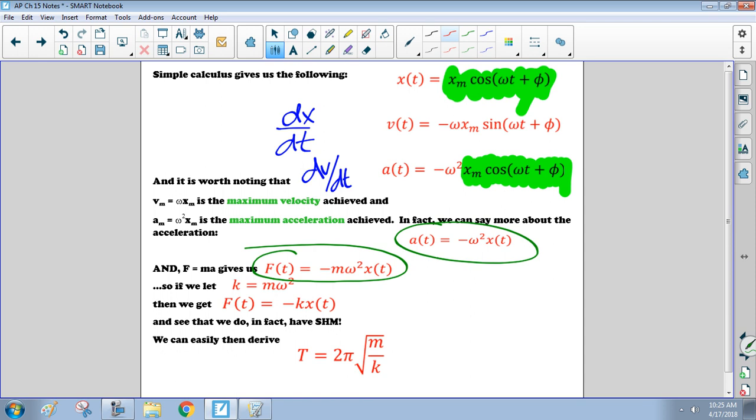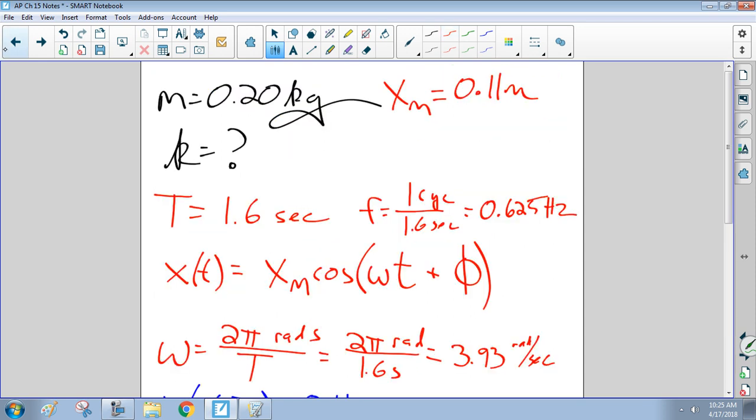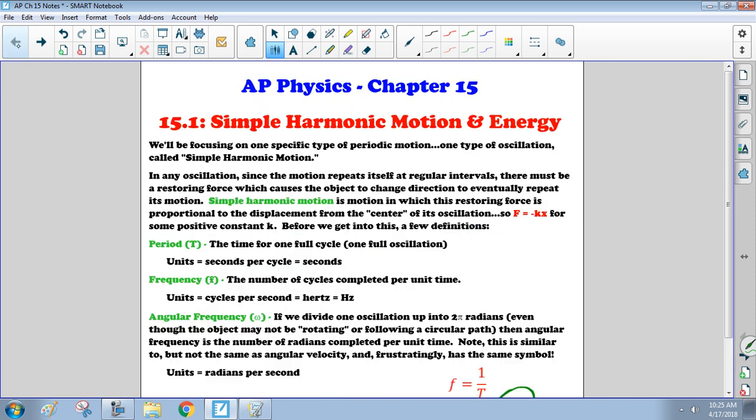What should I call the something? k, right? Why? Because remember, simple harmonic motion is defined as motion in which F equals negative kx, where your force is proportional to your x.